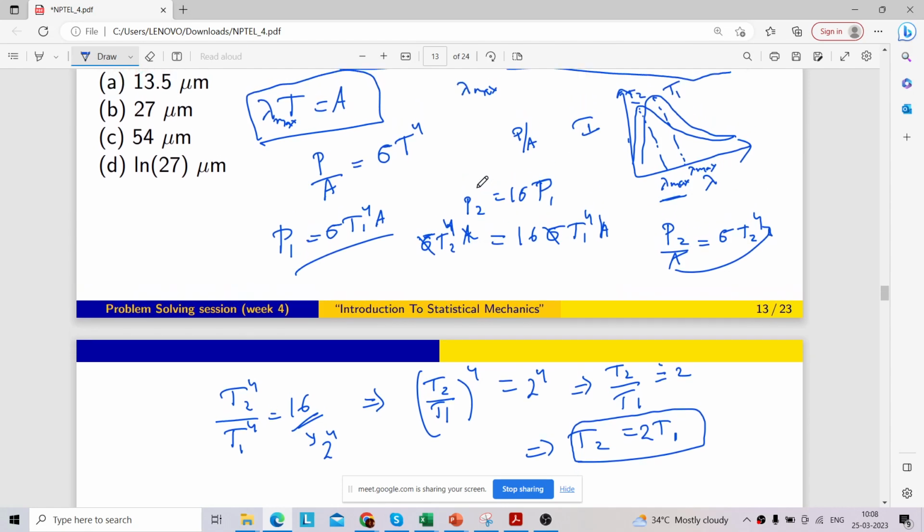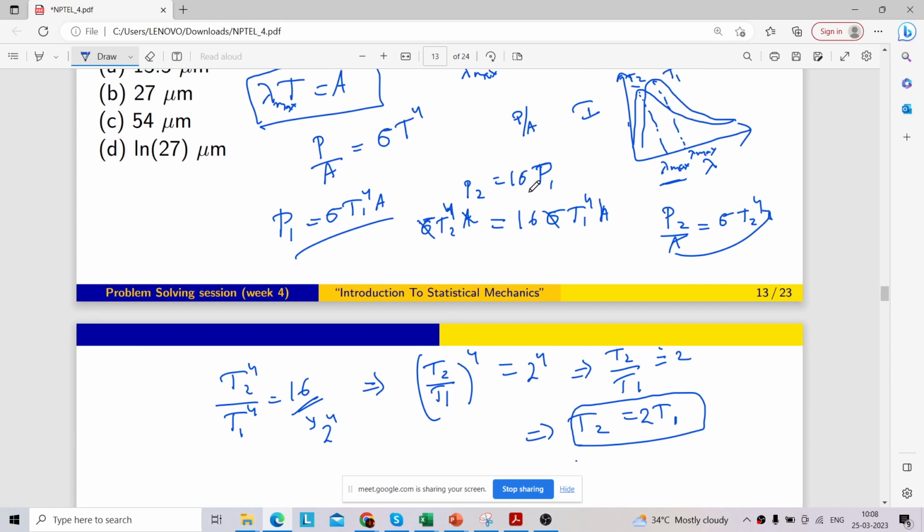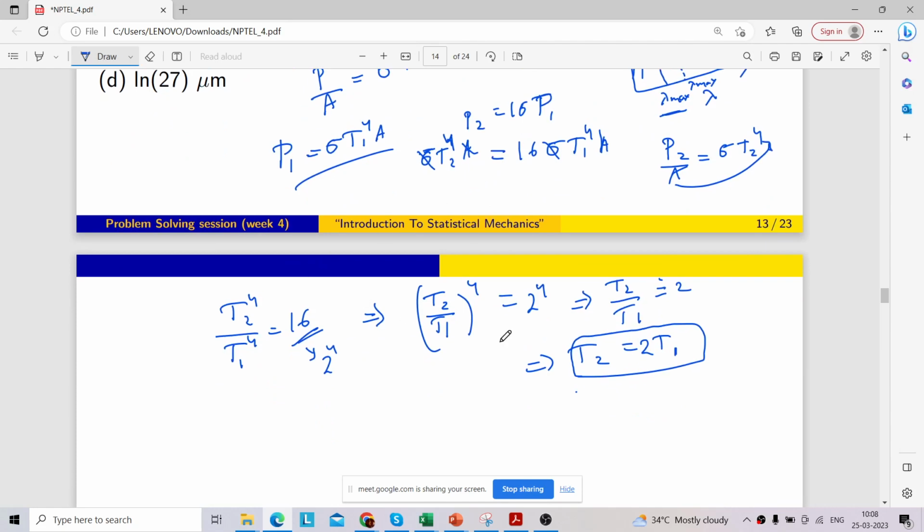For that I need temperature, because of the displacement law I have a relation between lambda and T. So I have to calculate the final temperature from the initial power. The final power is 16 times the initial power, and this power has a relation with temperature as T to the power 4 from Stefan's law. So using that law I got the final temperature as twice the initial temperature.